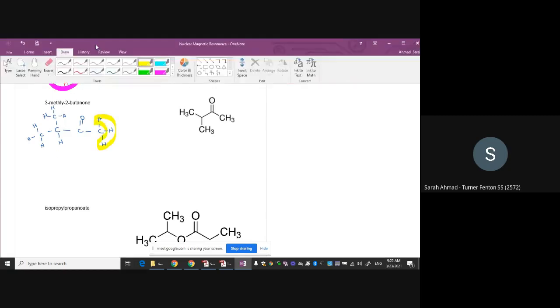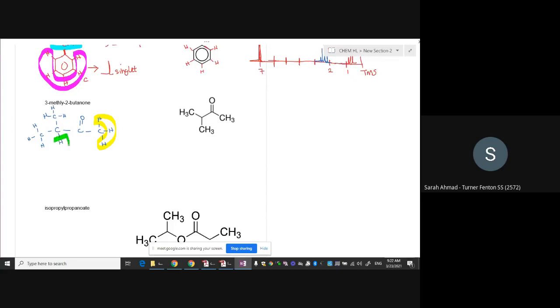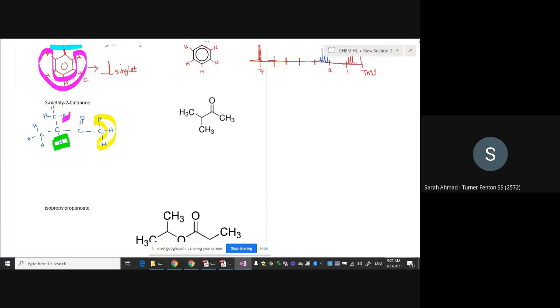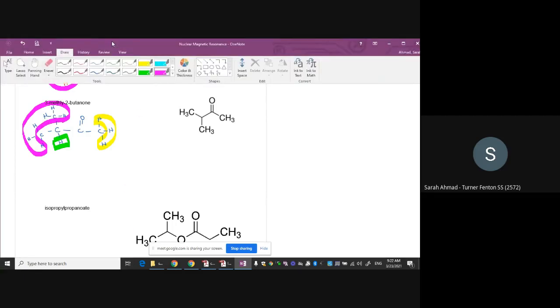And this hydrogen by itself is two. And then these two are pretty much the same in terms of what they're next to and what they're feeling. So we're going to bunch up these 6 hydrogens together. So we've got 3 environments: pink, green, and yellow.